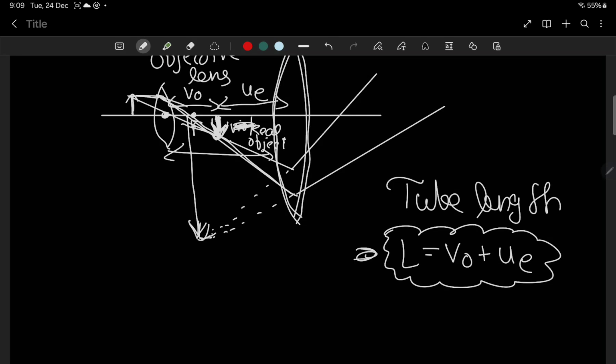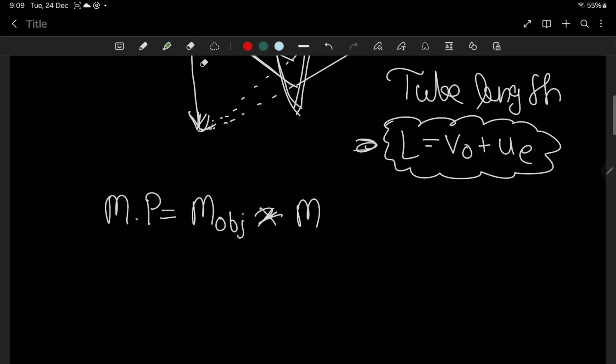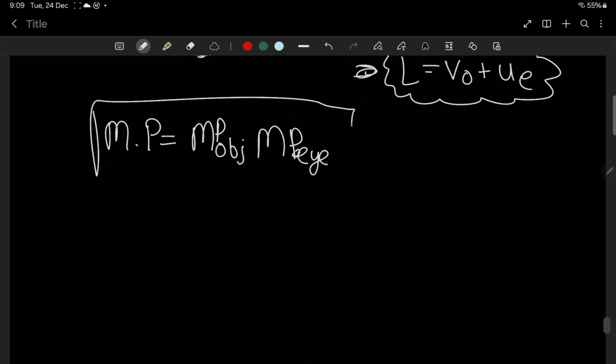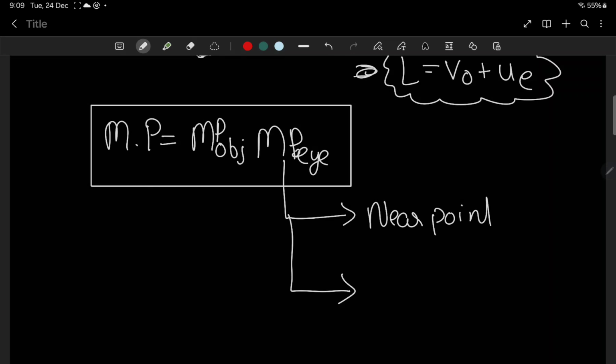Now magnifying power is equal to the magnifying power of the objective lens multiplied by the magnifying power of the eyepiece. For the eyepiece, if the image is formed at the near point, that is the least vision point, then the magnifying power of the eyepiece can be written as 1 plus d by fe.